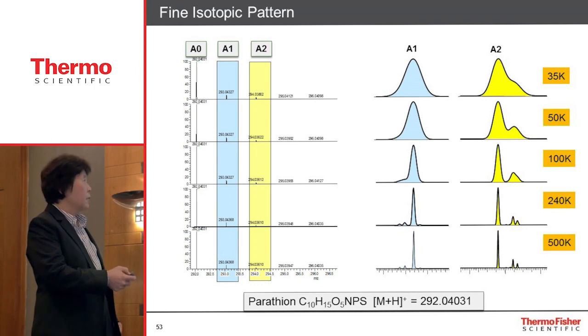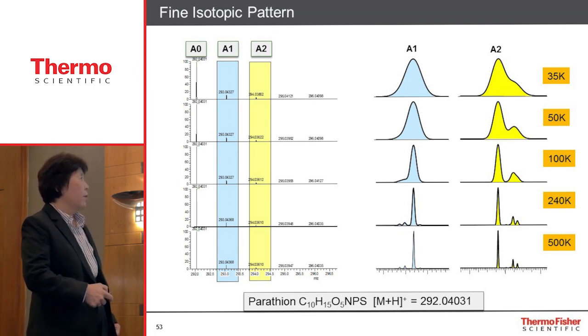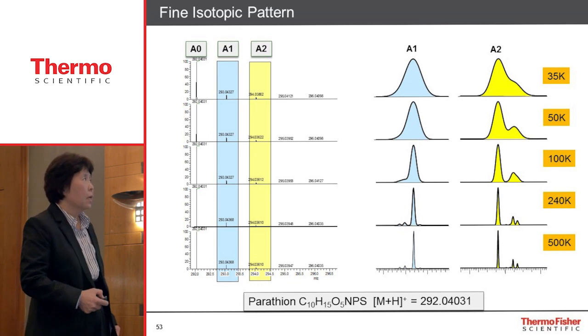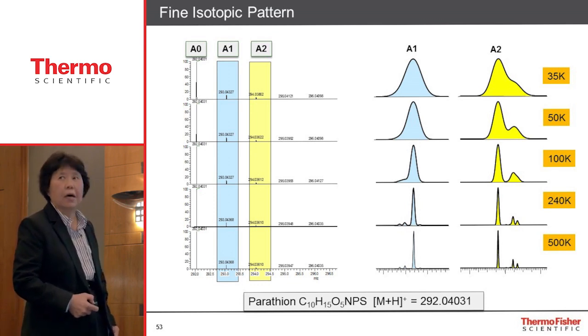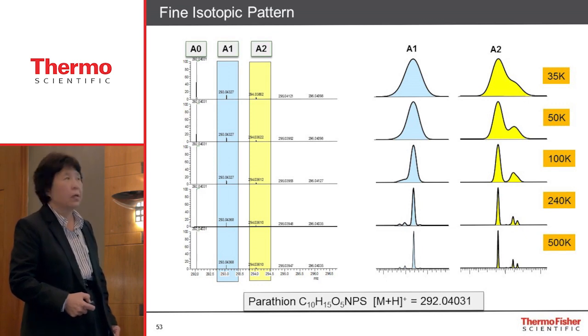So this is just an example. For this compound, pyrazine, we plotted the isotope distribution under different resolutions, right? As we can see, only at 240 K resolution do you start to see all those fine fingerprints, right?